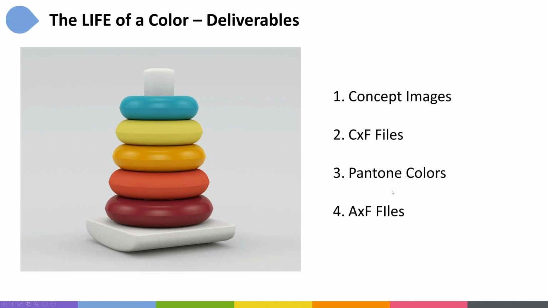So early on when we figured out what the Pantone colors were for my palette, and then also the AXF files. So the AXF files we used were used to create the actual appearance files. So those are not only color, but they're color and texture and reflectivity and glossiness and opacity and things like that that are important in visualizing those materials accurately.